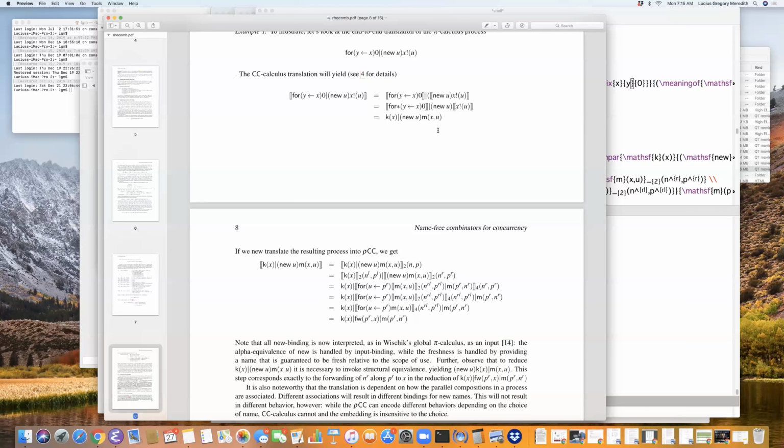Honda and Yoshida got rid of abstraction, and in some sense, what they're doing is very, very similar to what was done with the SKI. So with SKI, you can get rid of lambda abstraction. And so their approach is super similar to that, or we could say it's inspired by that. But they still make heavy use of the new operator. So they don't get rid of that.